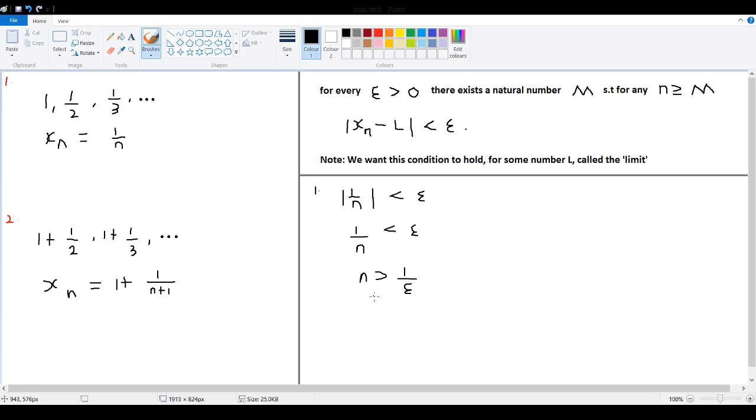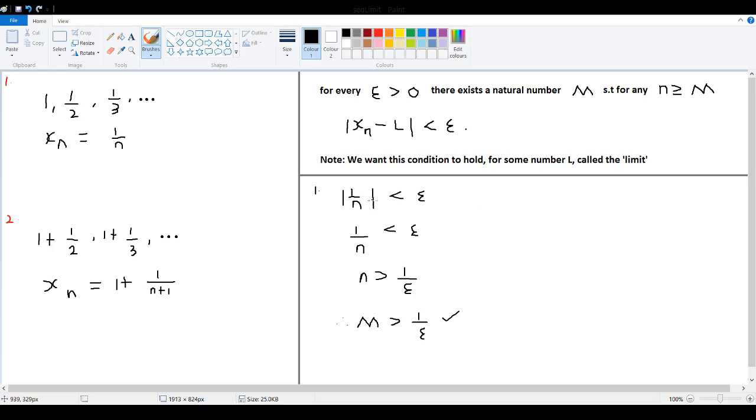So all we need to do is say therefore, these dots mean therefore, m greater than 1 over epsilon will work. I'll put a tick to show that will work. So provided we choose m greater than 1 over epsilon, then we will be fine. Once n goes past this point, this condition will be true. I hope that makes sense.